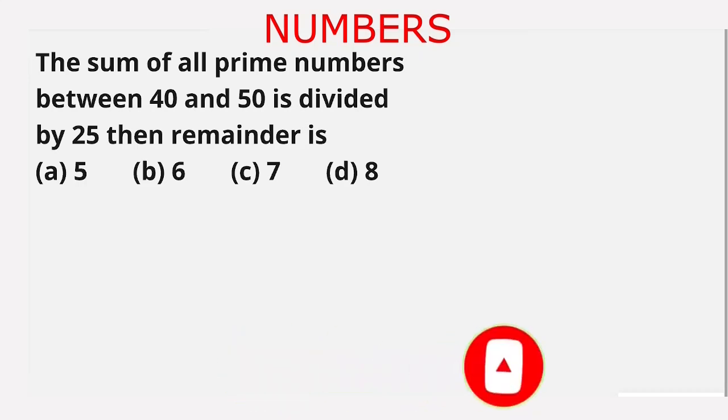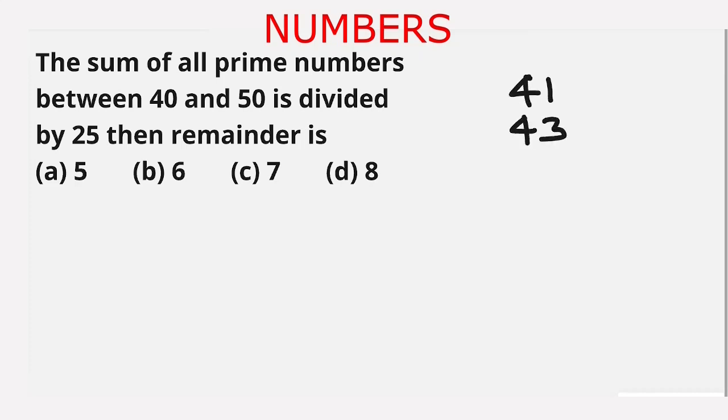We have to find all prime numbers between 40 and 50, and those numbers are 41, 43 and 47, and the sum of these numbers is 131. 1 plus 3 is 4, plus 7 is 11, and 4 times 3 is 12, plus 1 is 13.